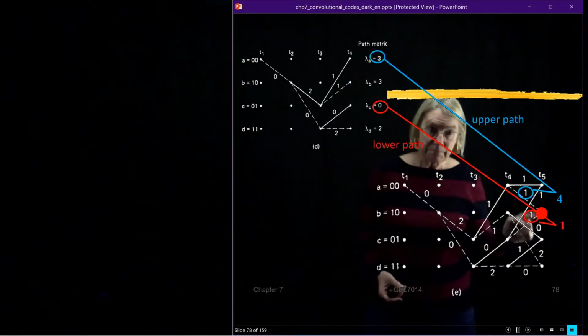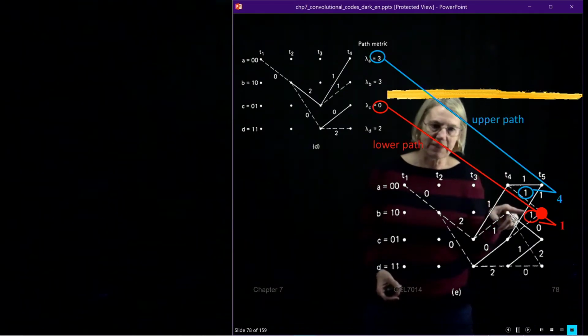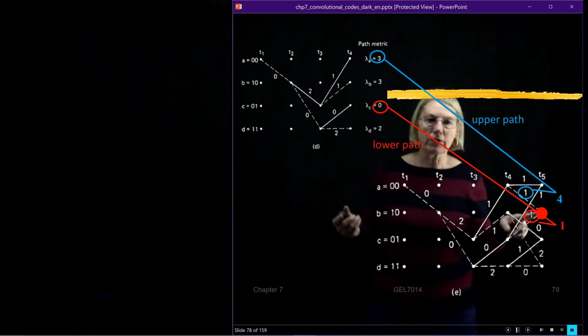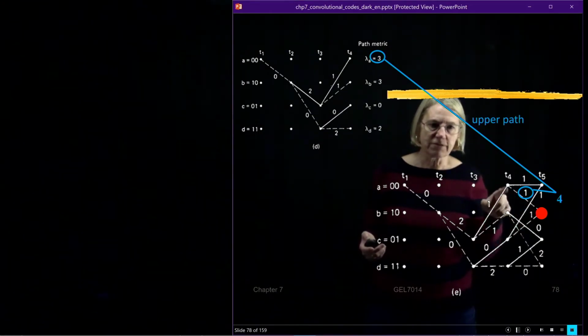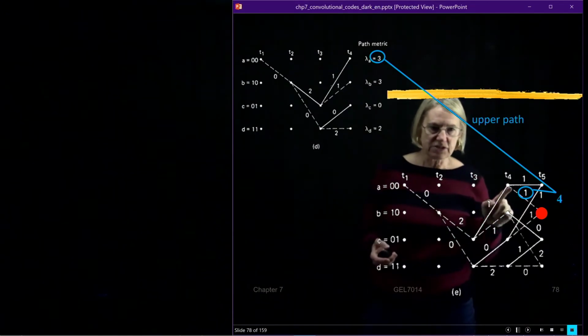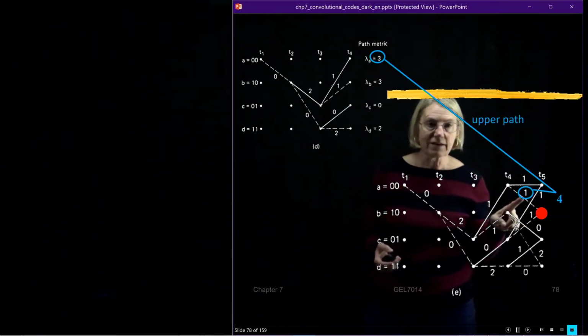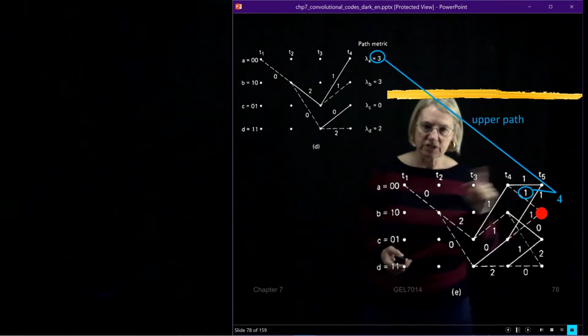So state B, the upper path, also came from state A. Sorry about that. So I'm at state B, I'm wondering about the two paths, and I say, well, the upper path came from state A. State A had a path length of 3. Now the transition from A to B has a branch metric of 1. So the new path metric will be the sum of the old path metric plus 1, which gives me 4.